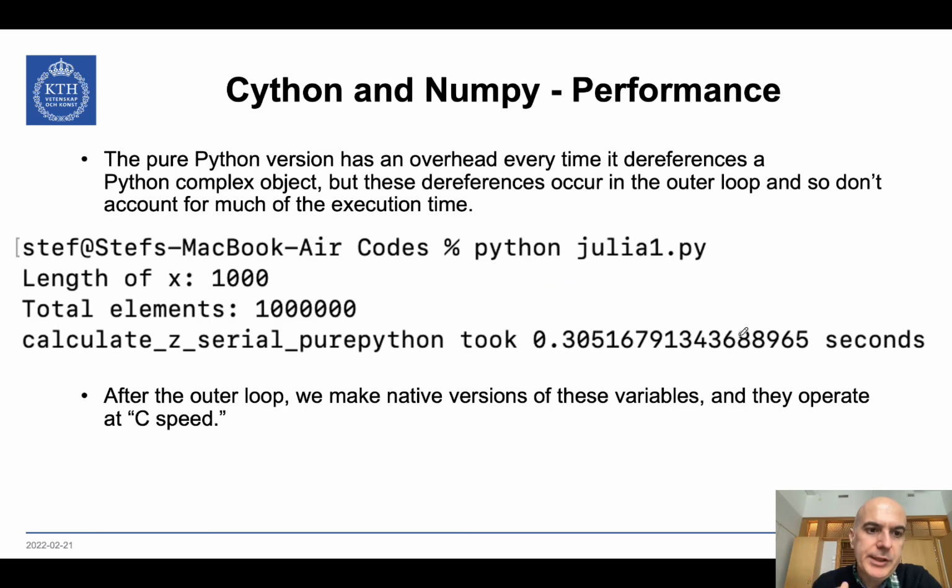So what is the performance of Cython NumPy? The pure Python version has an overhead every time it dereferences a Python complex object, which is very slow. But these dereferences occur in the outer loop, so they don't account for much of the execution time when we use the part of the code that has been Cythonized. If I run this Julia one.py, where I have NumPy arrays within our Cython function, we see that it takes roughly 0.330.